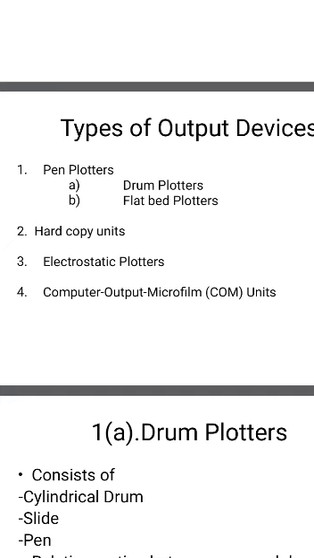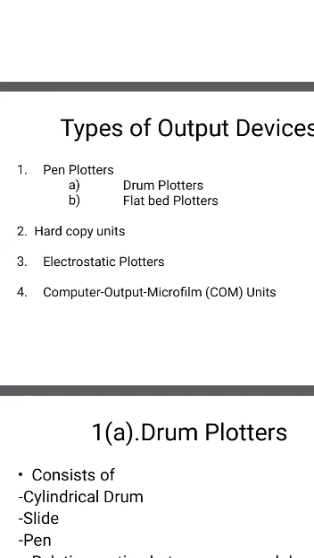What is a drum plotter? In a drum plotter, the paper on which the design has to be made is placed over a drum that can be rotated in both clockwise and anti-clockwise directions.